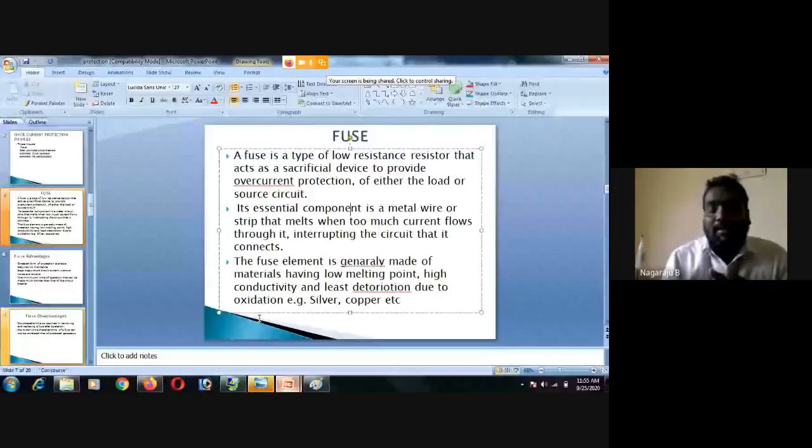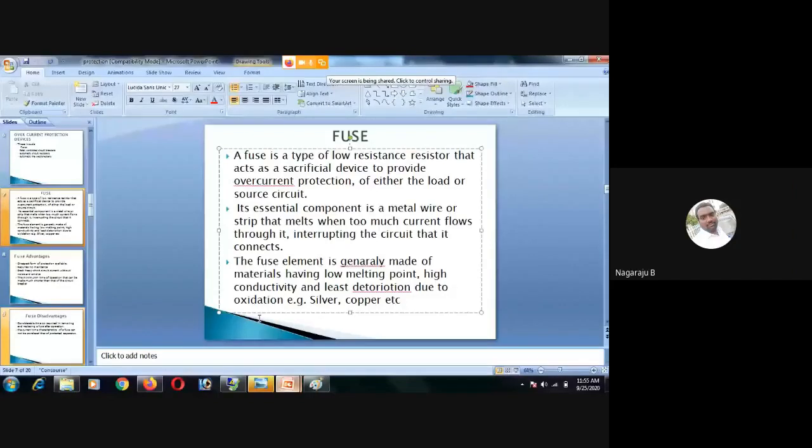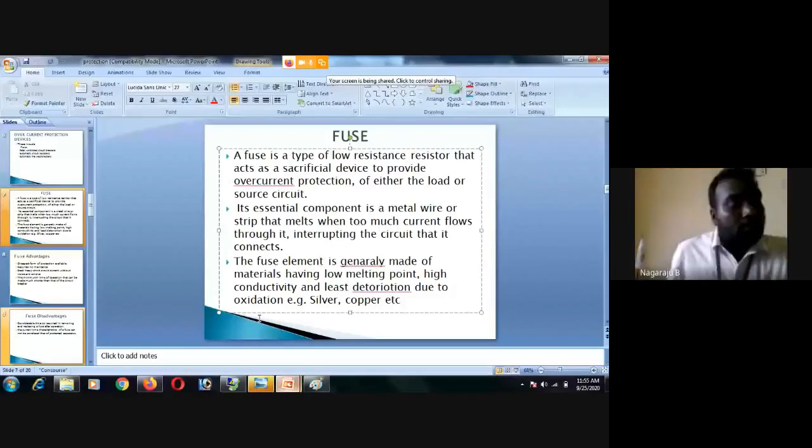Fuse selection depends on which type of system you are using, and the system voltage you need to know, depending on the system voltage, the maximum available fault current and the X by R ratio. This is about the different types of fuse selection.